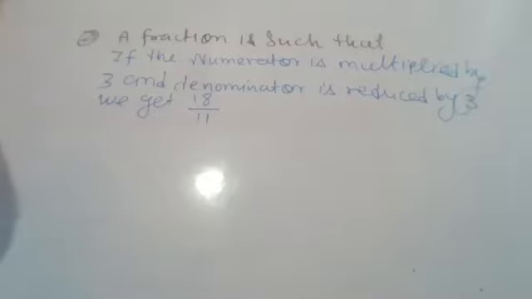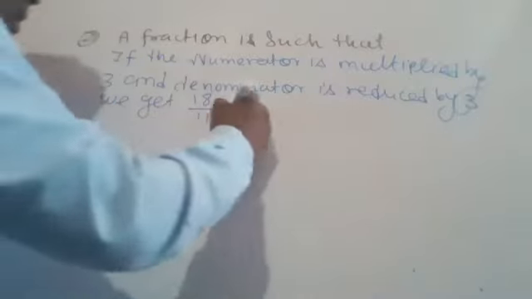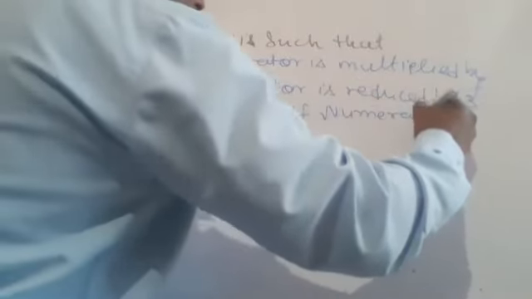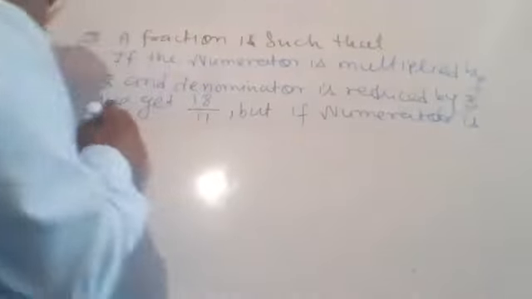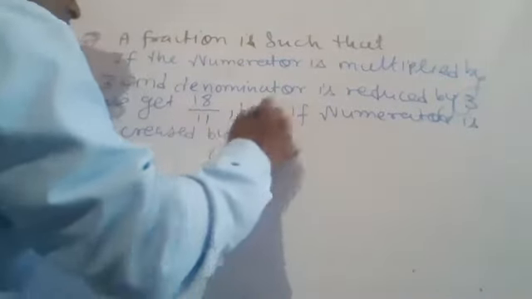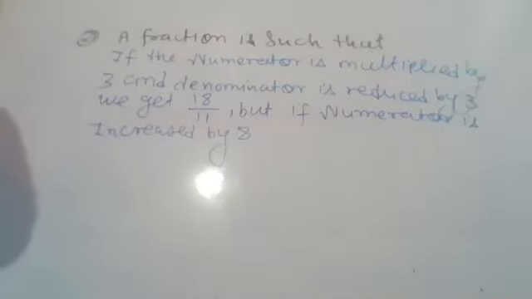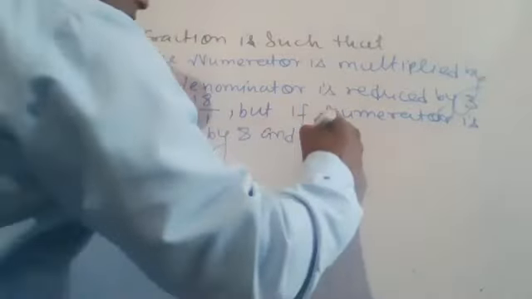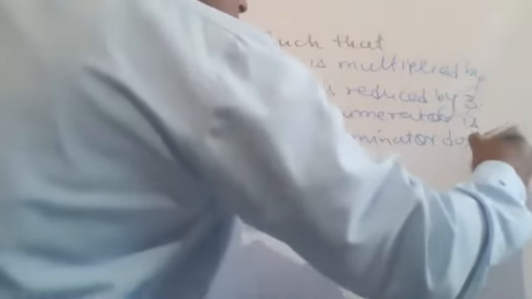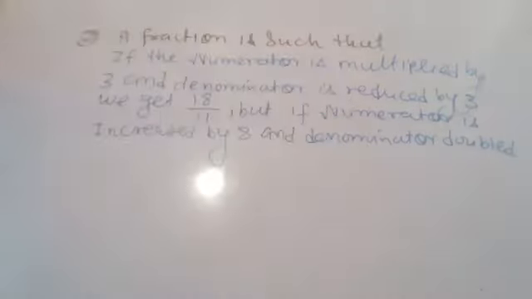But if numerator is increased by 8 and the denominator doubled, we get 2 by 5.